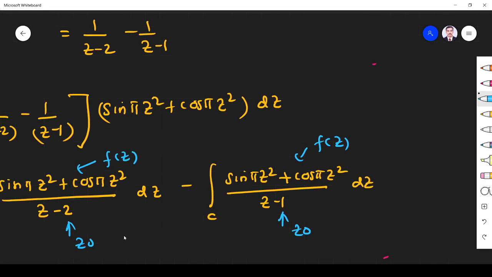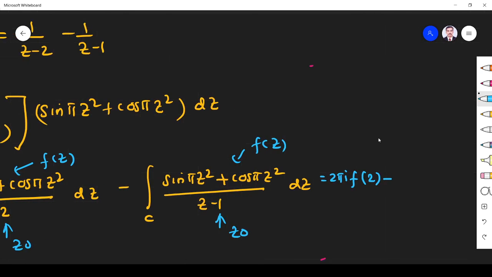So that is equal to 2 pi I f of z naught, which is f of 2, minus 2 pi I f of z naught, which is f of 1. Right? So what is f of z?